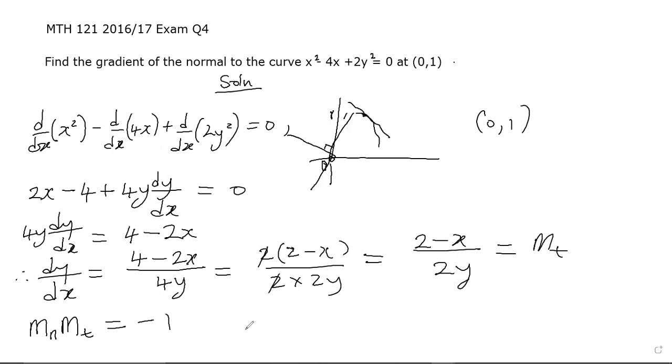If you substitute that, your gradient of the tangent will be (2 minus 0) divided by 2 times 1. That will be 2 over 2, which equals 1. So the gradient of the line tangent to this particular curve is equal to 1.